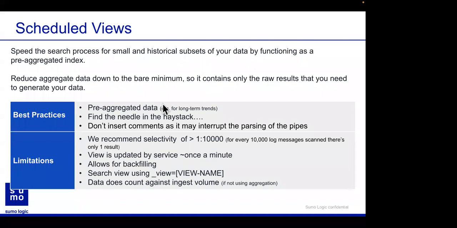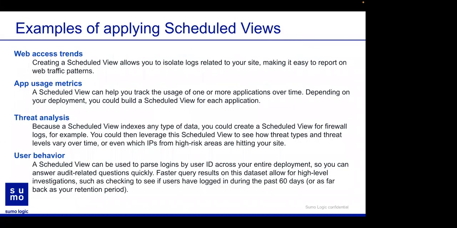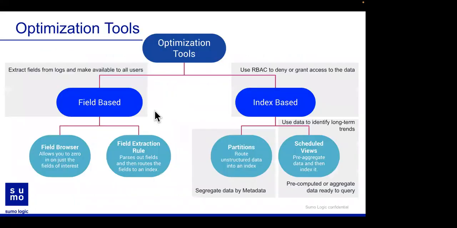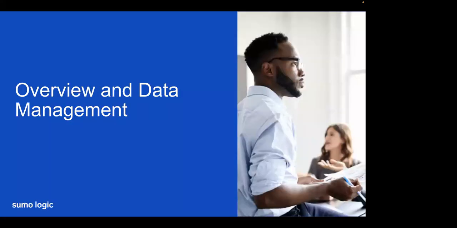So scheduled views, like I said, are automatically run every minute in the background, and you can use those. Some things we might use scheduled views for: web access trends, threat analysis, user behavior, things like that. So those are our optimization techniques and optimization tools.